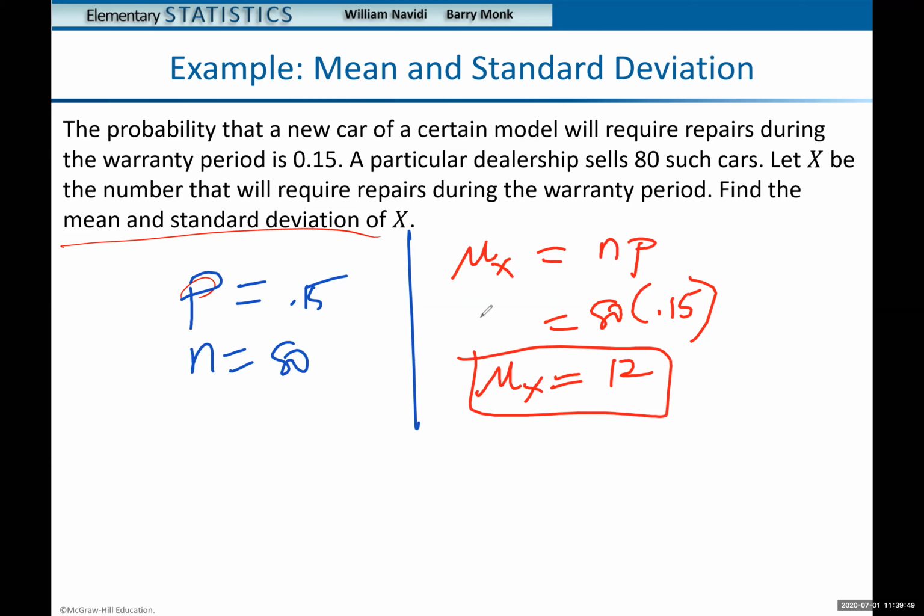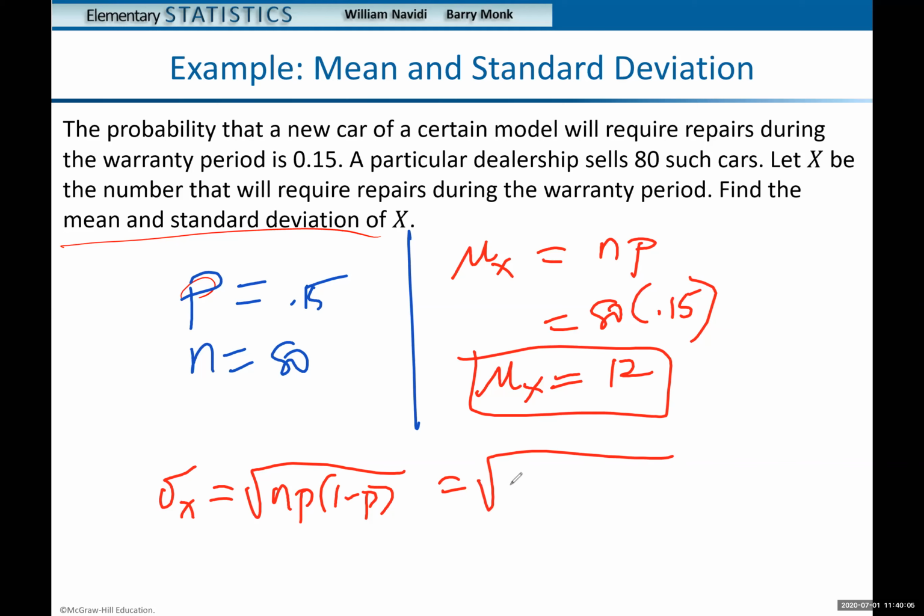And then for the standard deviation, it is equal to the square root of np times 1 minus p. So 80 times 0.15 times 1 minus p, the complement of 0.15, which is 0.85. So compute that.